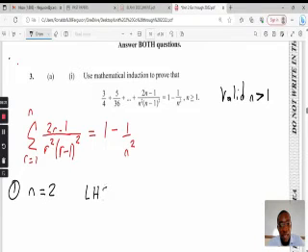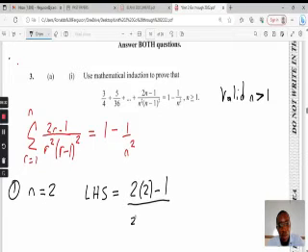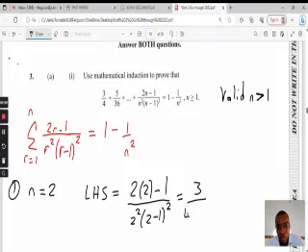So your left hand side is going to be: put in r as 2. This is 2 times 2 minus 1 over 2 squared times (2 minus 1) all squared. 4 minus 1 is 3, over 2 squared is 4, times 2 minus 1, which is 1, so that's 1 squared, which is 3 over 4.